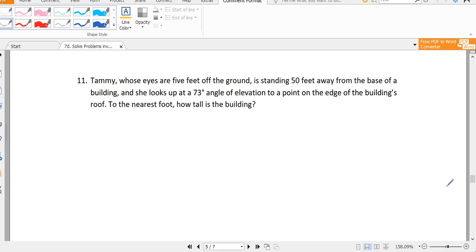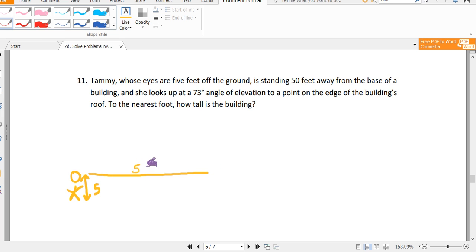Okay, this one might be a little bit tricky to draw, so I'll just draw it for you, but you should be able to solve it. Tammy, whose eyes are 5 feet off the ground. Okay, so here's Tammy. A lot of the questions, when we look at angle of elevation and depression, if they don't specify how tall the person is, you can assume it's 0. It makes very little sense in the context, I know, but if you're trying to find the height of a tower, your height is insignificant, okay? So in this case, Tammy, whose eyes are 5 feet off the ground, is standing 50 feet away from the base of a building.